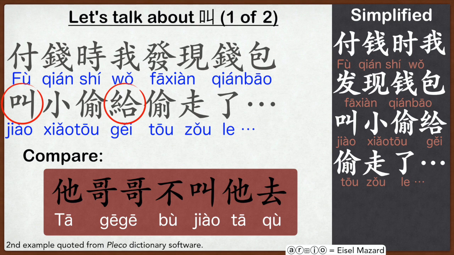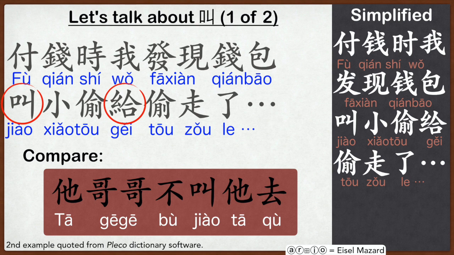There's a whole bunch of these different words, different meanings related to calling out. Jiao is also meant to call out an order to a waiter, a few things like that. You might read this and assume Ta ge ge, his brother, did not tell him to go. But no, the actual meaning here is his brother did not allow him to go.